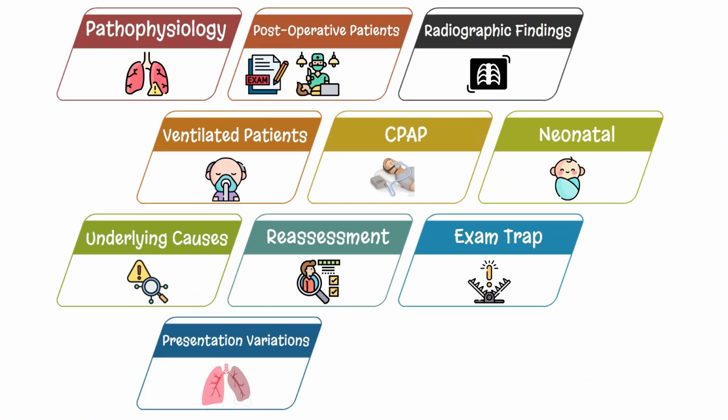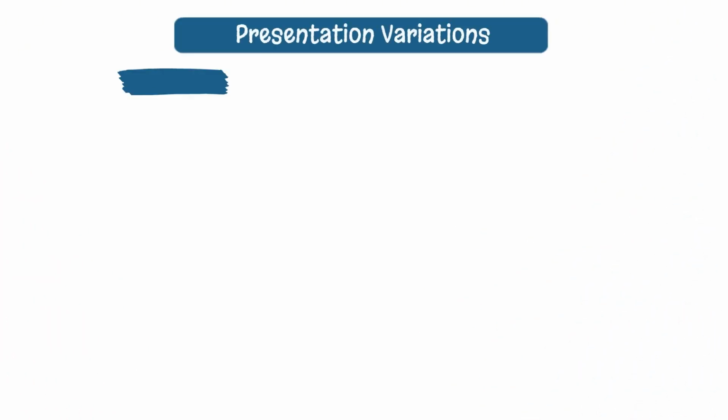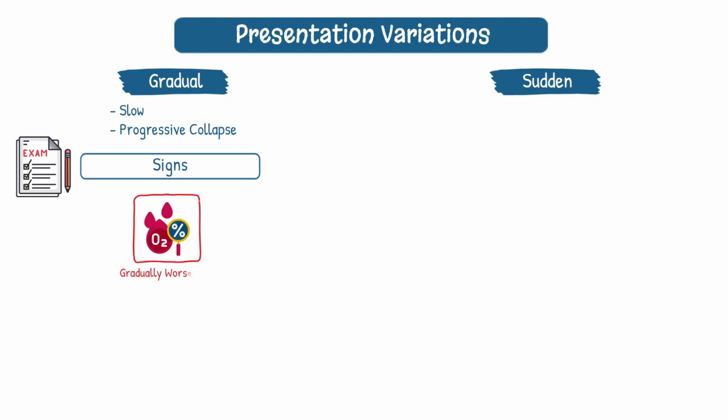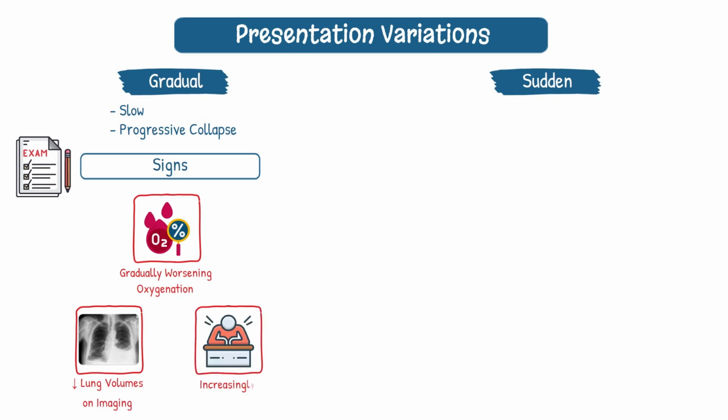Also, remember that atelectasis can be gradual or sudden. A slow progressive collapse may not present as dramatically, but on the exam, you'll be given signs like gradually worsening oxygenation, decreasing lung volumes on imaging, or a patient who's increasingly lethargic due to poor ventilation.